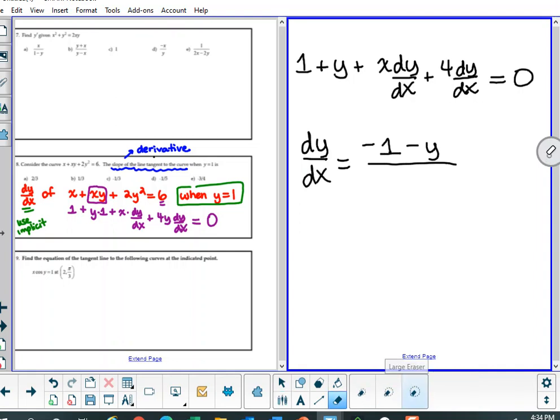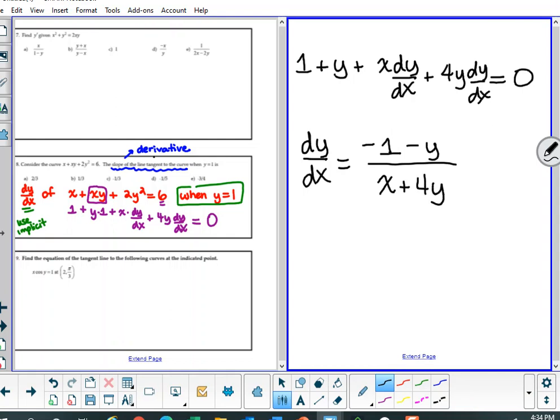Oh, I left the y off of this guy. Yeah, I'll say something's missing. 4y dy dx. So divided by x plus 4y. Okay. Hopefully you're fine with the algebra, moving the terms, factoring out, and so on. So when y equals 1, that gives me -2 over x plus 4, which is not any of my answers.